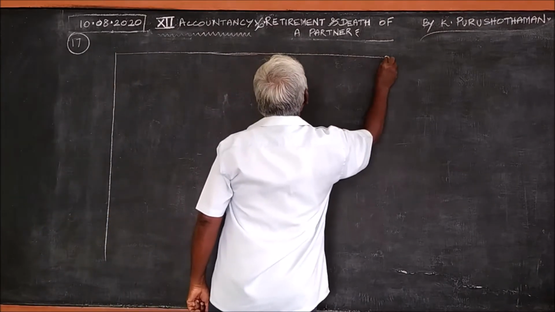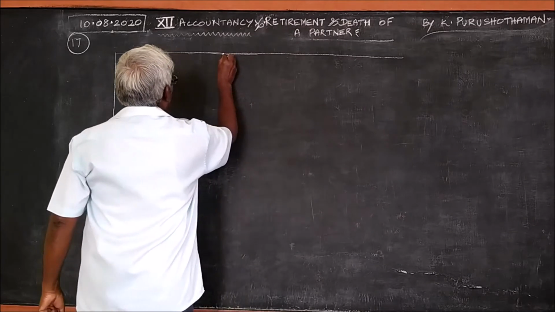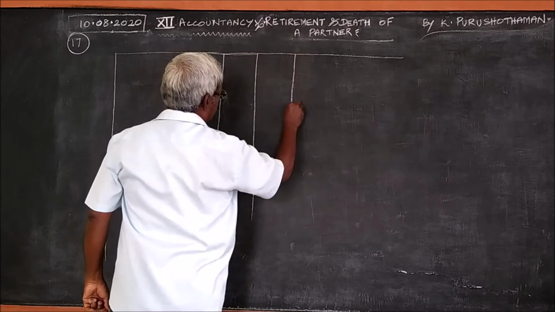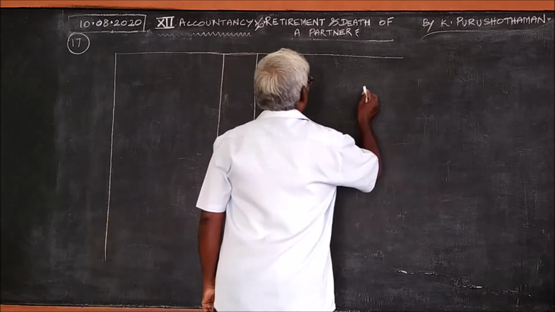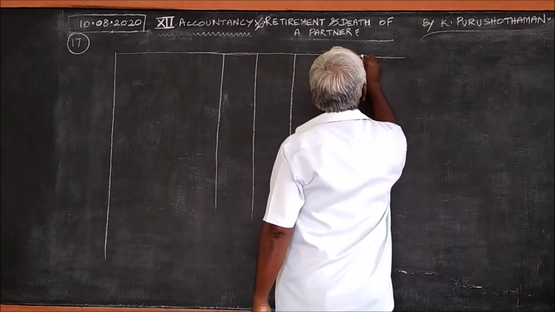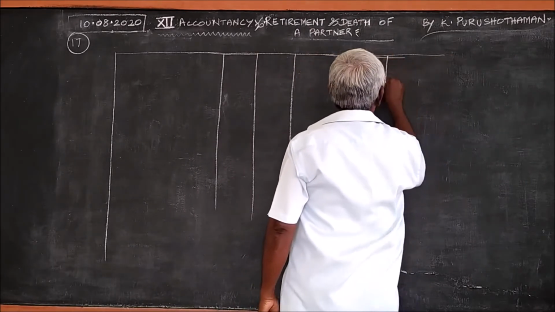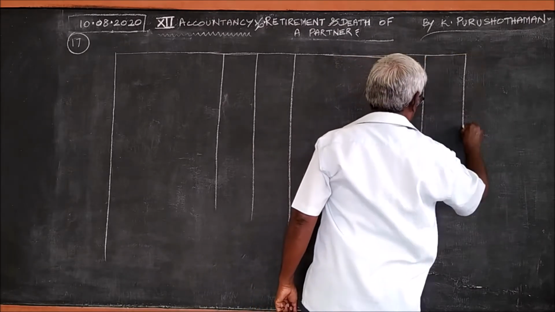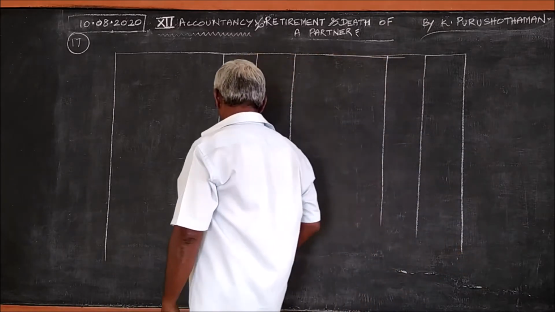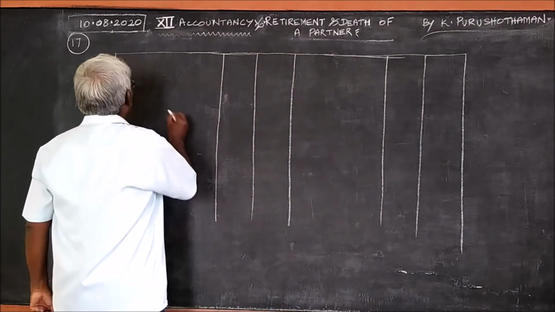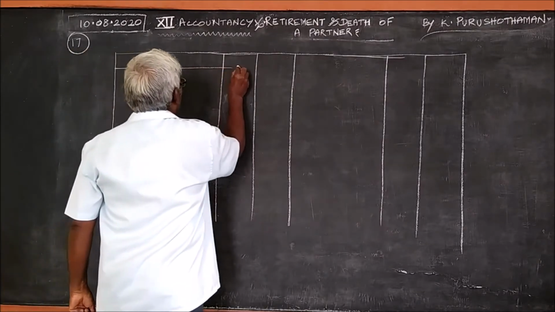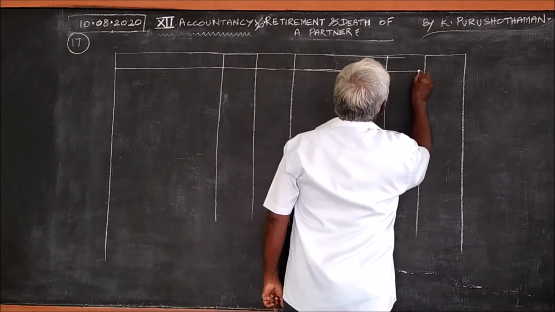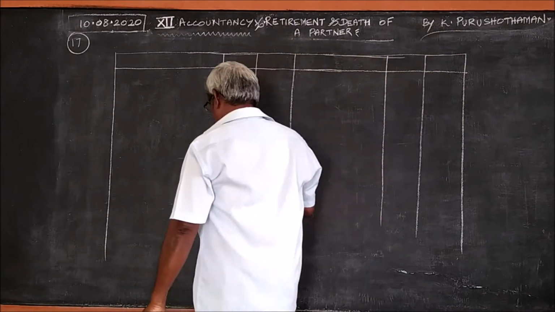Revaluation account, particulars, 2 columns for rupees, and again particulars, two columns for rupees. This is a revaluation account.